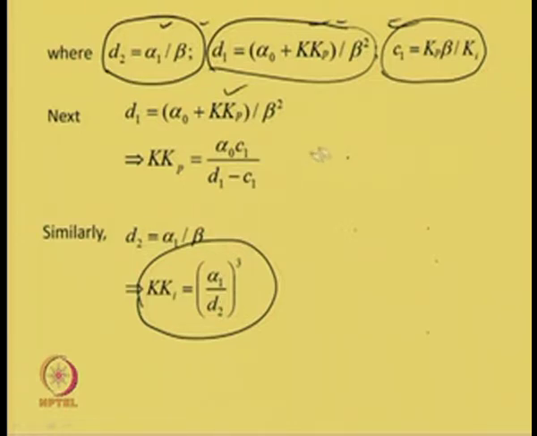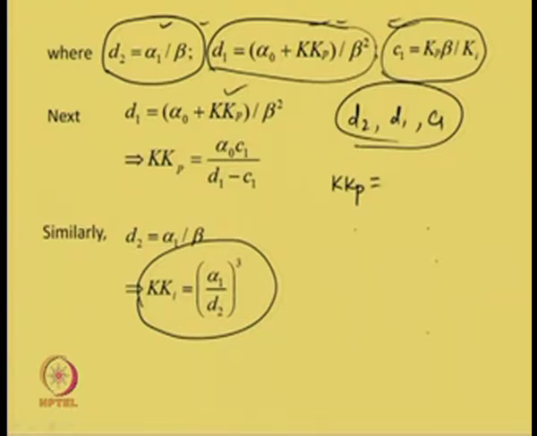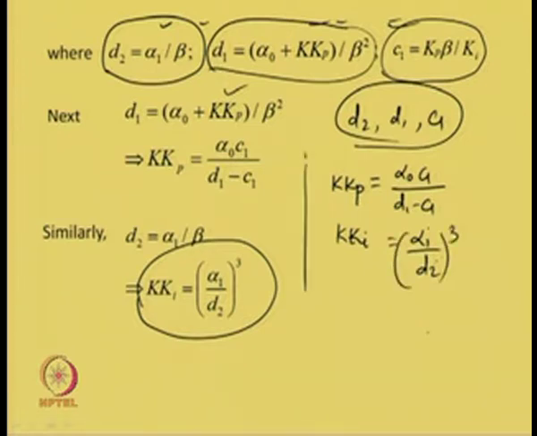So, basically using the variables D2, D1 and C1, we have been able to write the final explicit expressions for the two unknowns Kp and Ki in the form of k Kp is equal to alpha 0 C1 upon D1 minus C1 and k Ki is equal to alpha 1 upon D2 to the power 3.